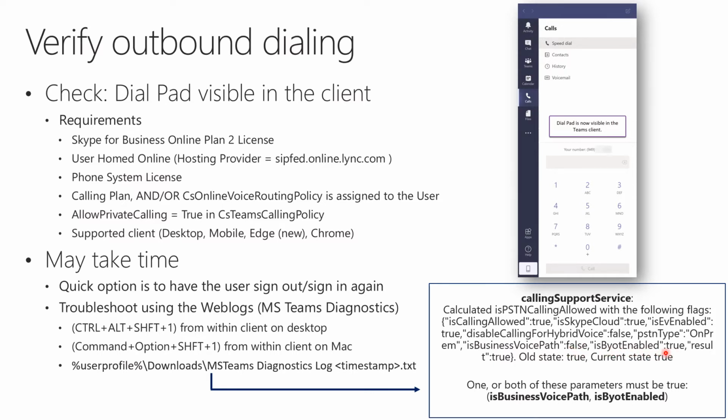That means that they are enabled for direct routing. And that's been picked up by the fact that I have a CS online voice routing policy assigned to this particular user. So essentially, one or both of these parameters have to be true for this dial pad to light up. If neither one of these parameters are true, you're not going to see the dial pad in the Teams client.